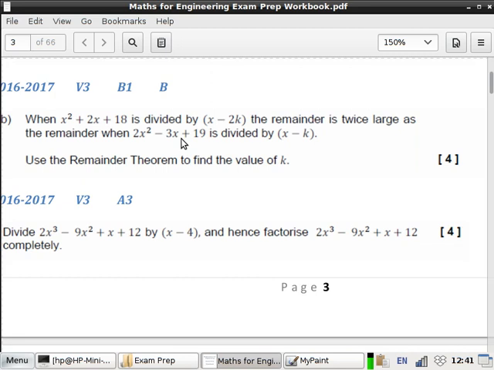Is it just one value for k? Or 2 values for k?